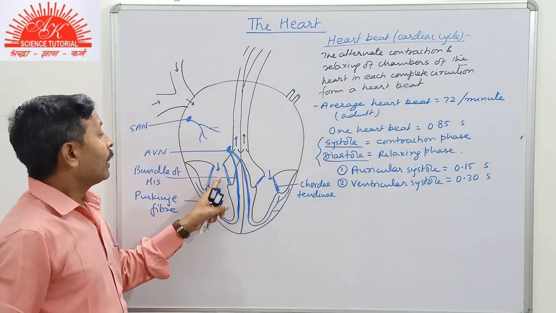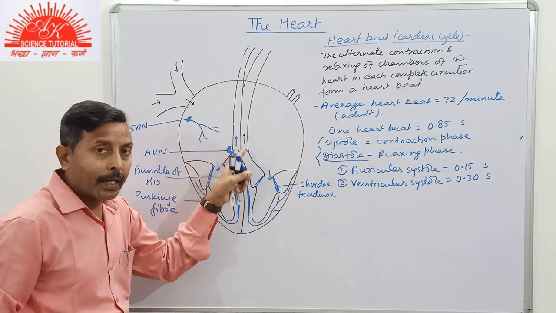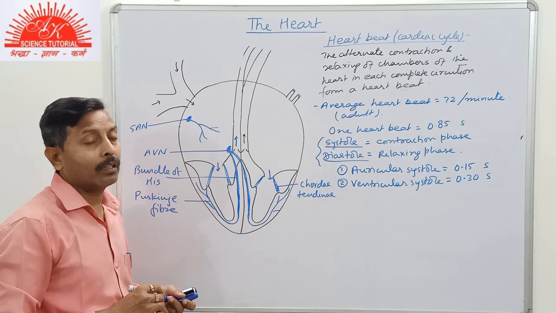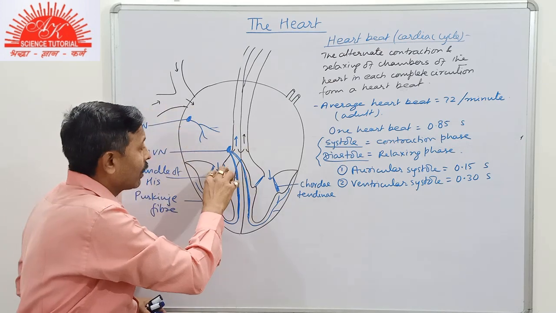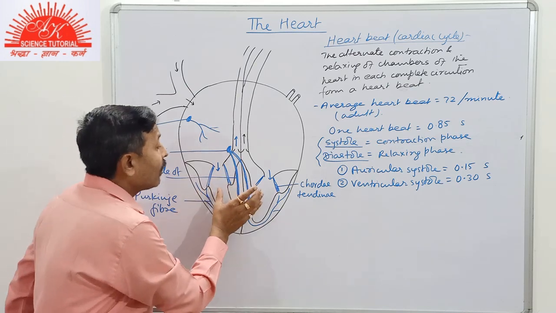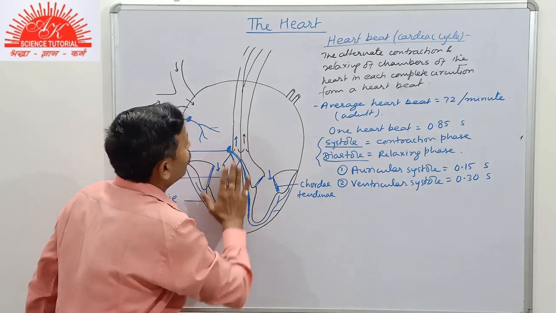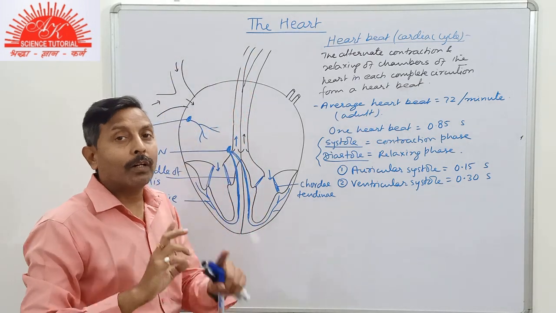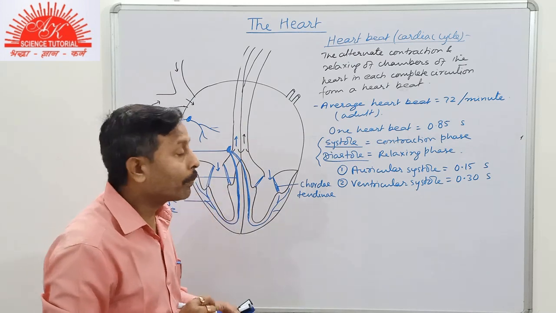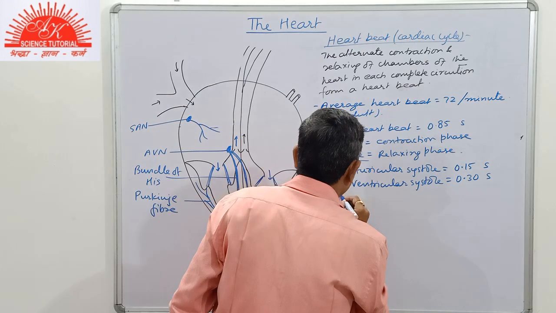Now the auricle has to pump blood under gravity into the ventricle. So just as it initiates, the valves are opened and the blood will fall down. But the ventricles have to pump the blood against gravity and over a long distance, so it takes a longer time.